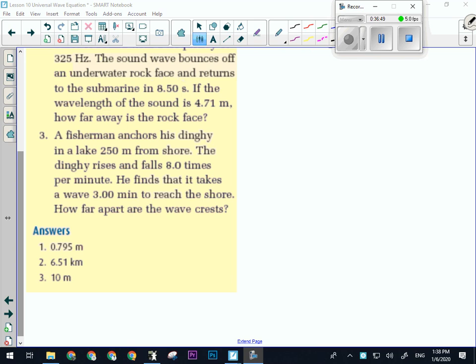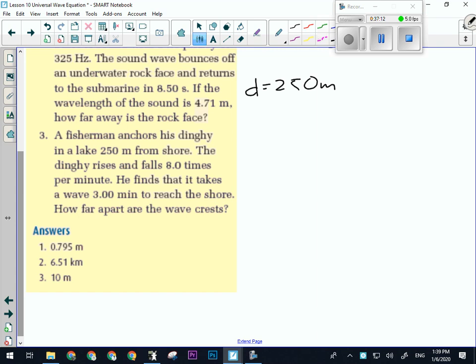For question number 3, the first thing they tell us is a distance, not a wavelength. That's how far the waves are going to travel, 250 meters. The dinghy rises and falls 8 times per minute. What can I use that for? Period or frequency. It's telling me that in 1 minute it went up and down this many times.